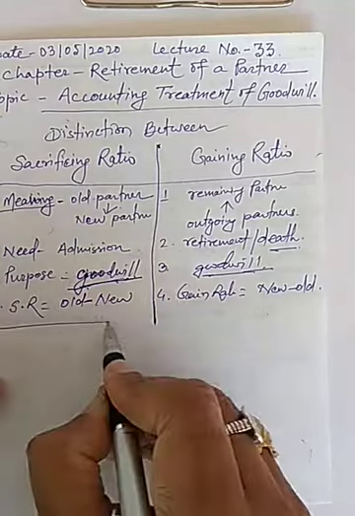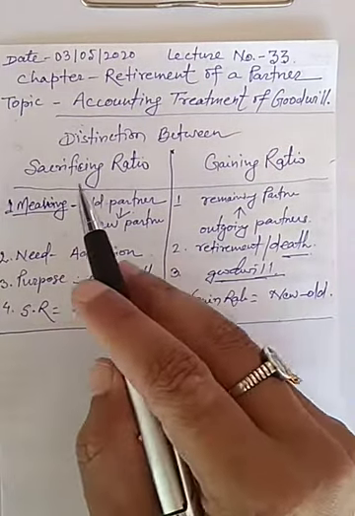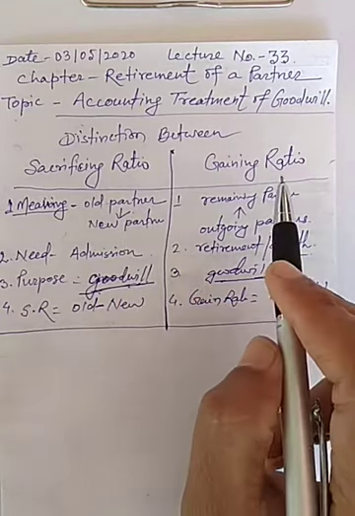So these are the four differences between sacrificing ratio and gaining ratio.